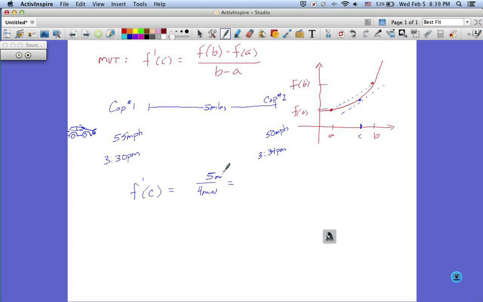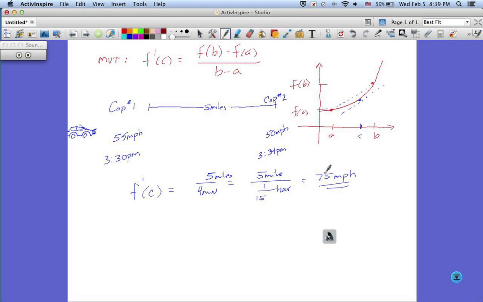So we have 5 miles, and I'm going to change the minutes into 1/15 of an hour. Dividing by a fraction is the same as multiplying by the reciprocal. We have this guy going an average speed, that's his average speed, of 75 miles an hour.